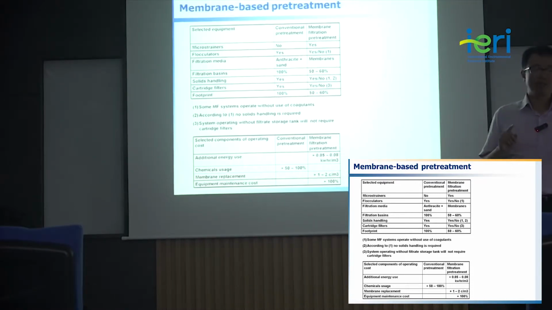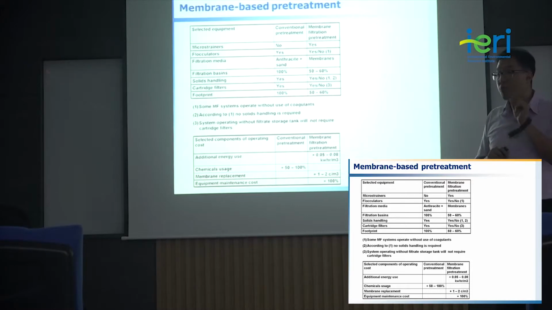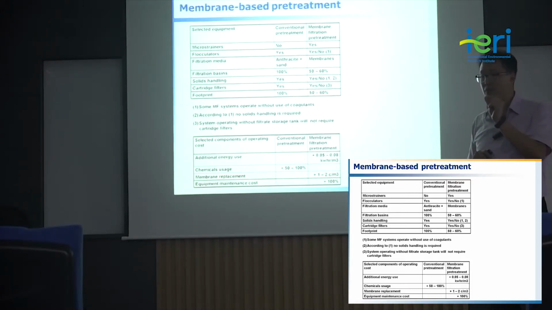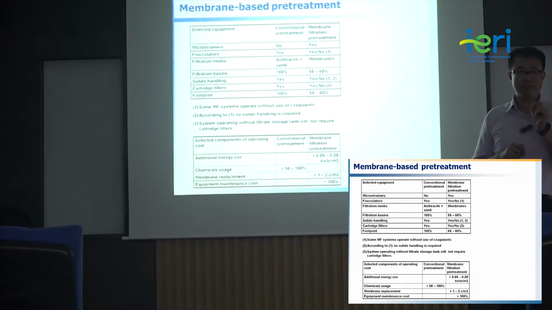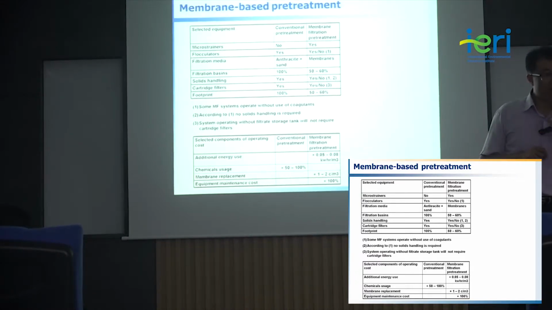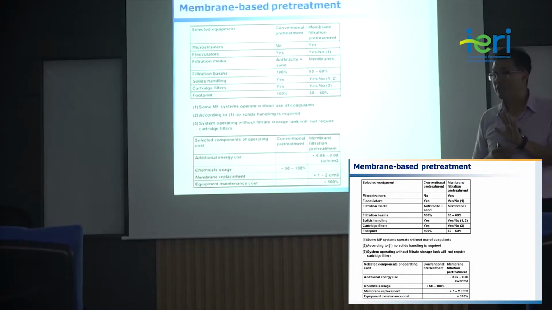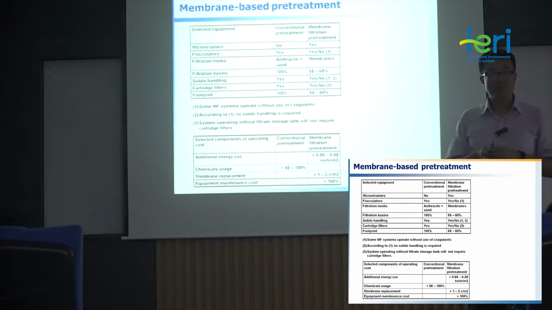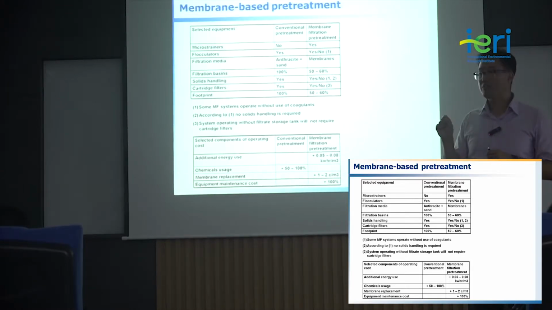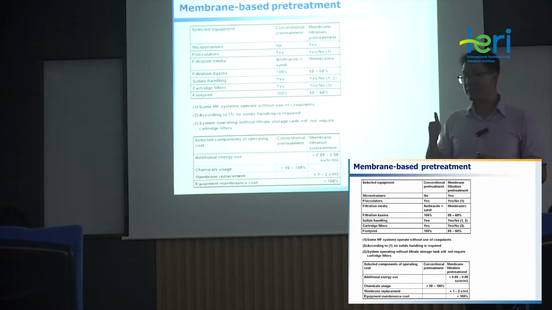If we can say the pore size of media filter is like 10 micrometer or 100 micrometer, this membrane has pore size less than 0.1 micrometer, very small. That means you need to put very high pressure to get the filtered water. But since the pore size is very small, the water quality should be very, very excellent.